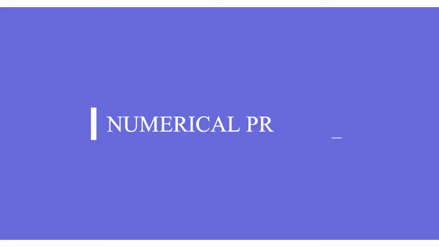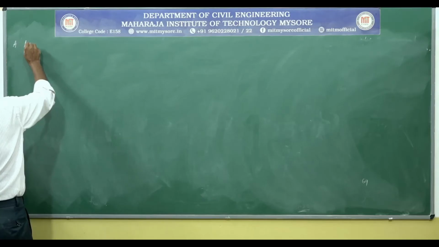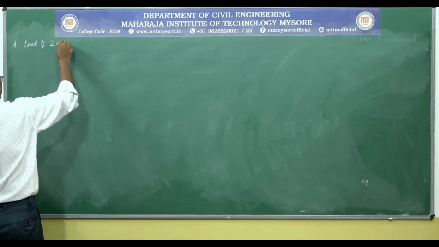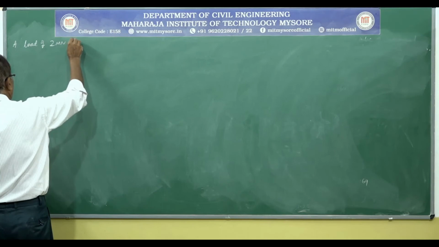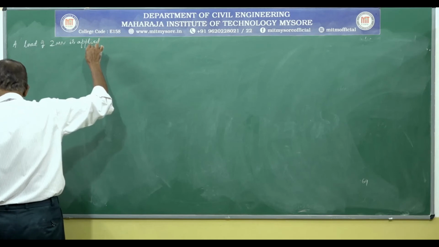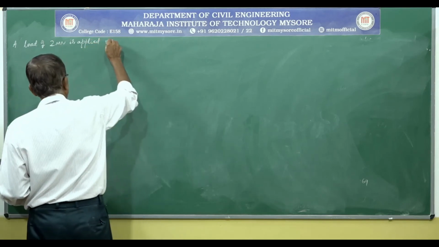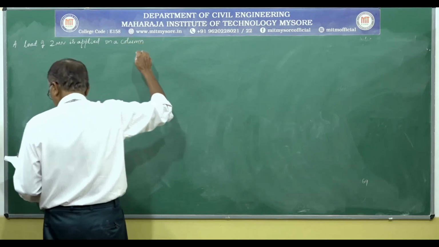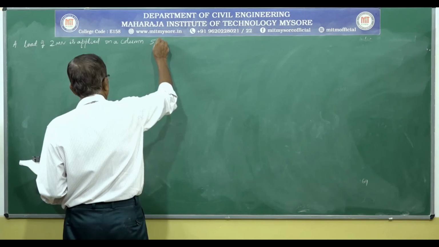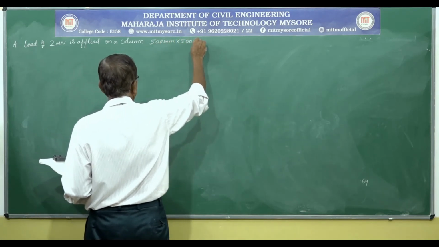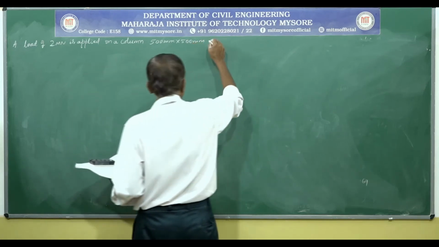Now let us consider another problem. A load of 2 meganewton is applied on a column (500 mm by 500 mm) in cross section.